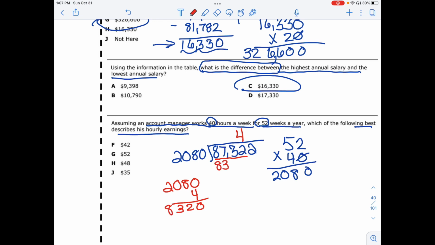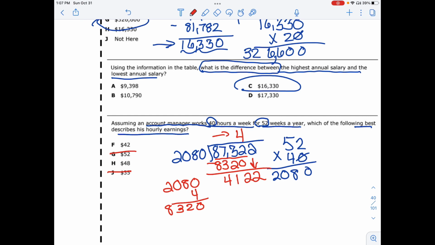So I'm going to subtract, and it's going to bring my 2 down. I'm going to go ahead and mark out J and G because I know that he's going to make somewhere about $40 an hour. So let's check the next one.